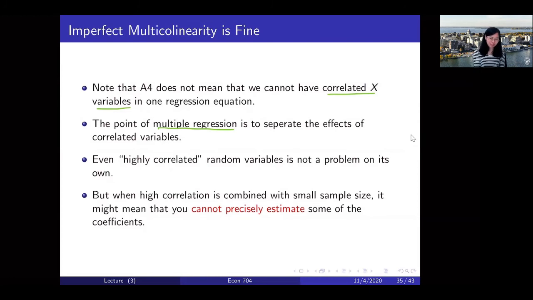We can even allow highly correlated random variables in X. And even highly correlated random variables is not a problem on its own, as long as it's not perfect. But highly correlated X variables, when combined with small sample size, can mean that you cannot precisely estimate some of the coefficients.